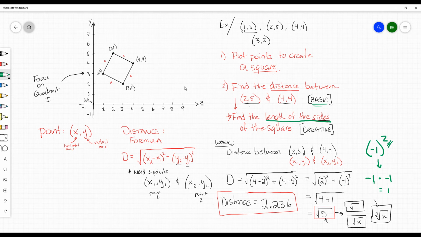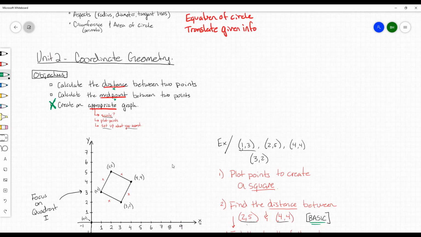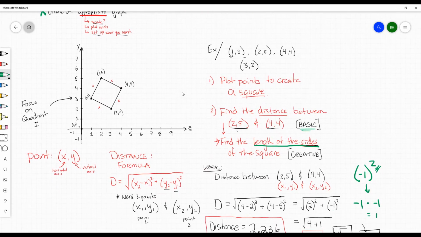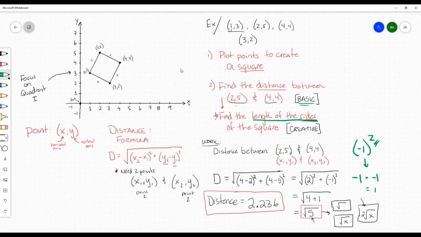Okay, so with that, let's go back up. We calculated the distance between 2 points, check, check. And now we're ready to proceed with the next value, calculating the midpoint between 2 points. Okay. So in this problem, let's talk about the midpoint.